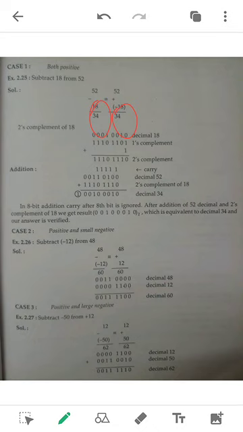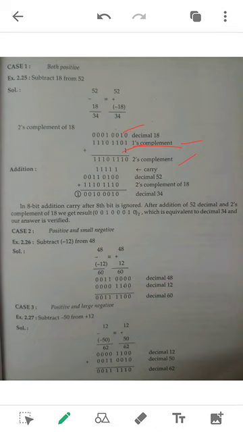How to get the 2's complement? Write the binary equivalent of 18. This is the binary equivalent of 18. Then for the 1's complement, convert 0 to 1 and 1 to 0, then add 1, so that you get the 2's complement.